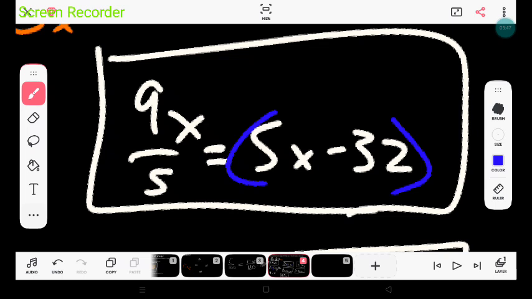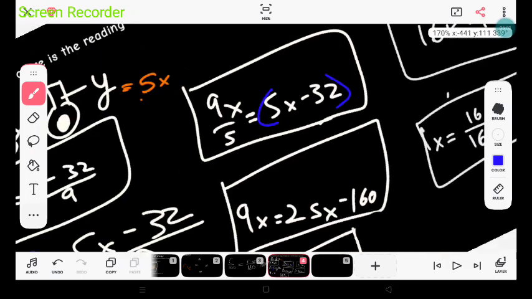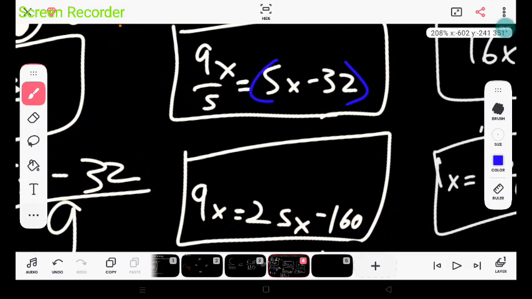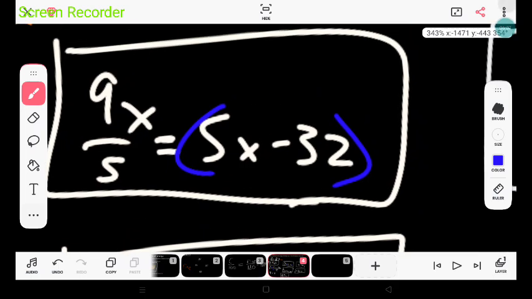Now 9x divided by 5 is equal to 5x minus 32. I have told you that. Because of all this maths, this magical thing came. Wow.